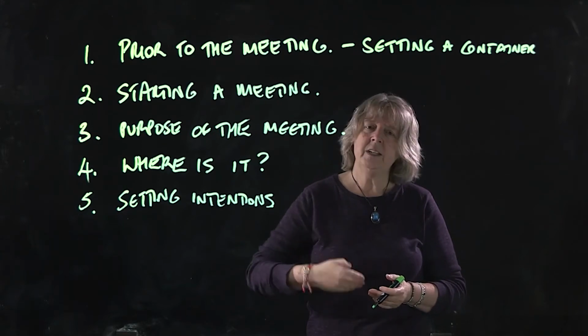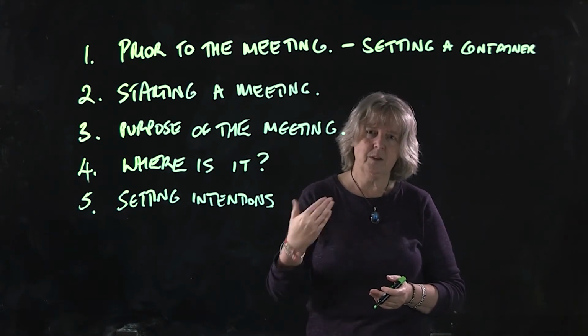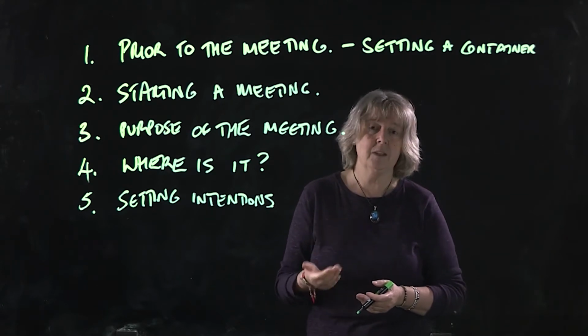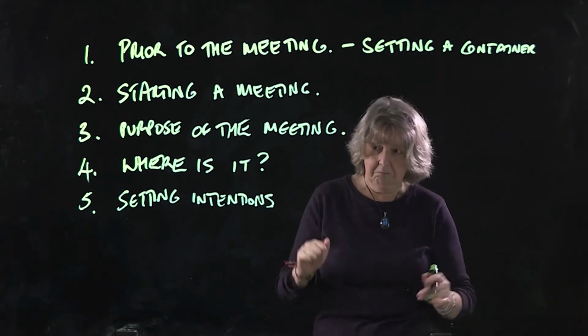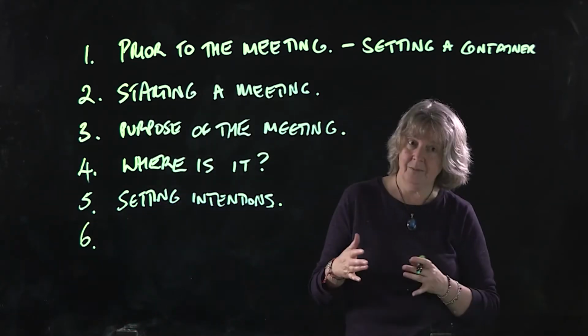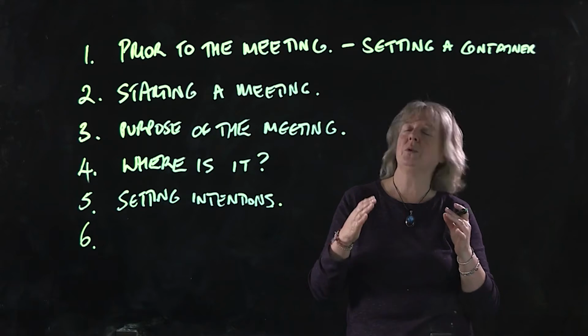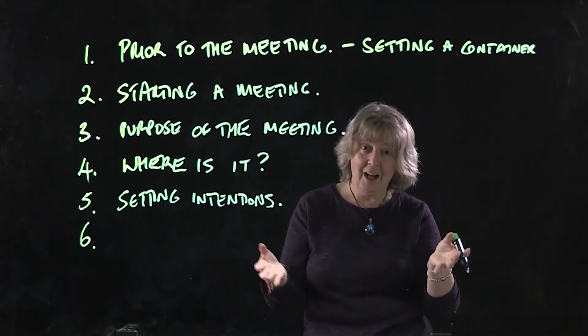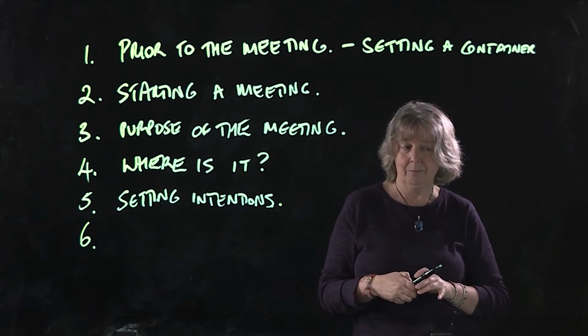And what do you need to achieve? That's what setting intentions is. It's identifying what we need to achieve in order to feel like this was successful. So set your intentions and stick to them as much as possible unless they prove to be limiting. And that's a decision you can make as a group at that time.